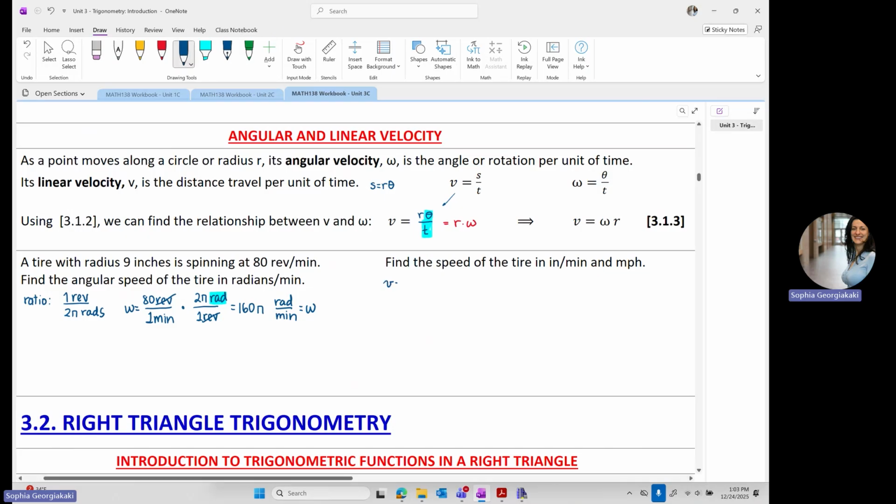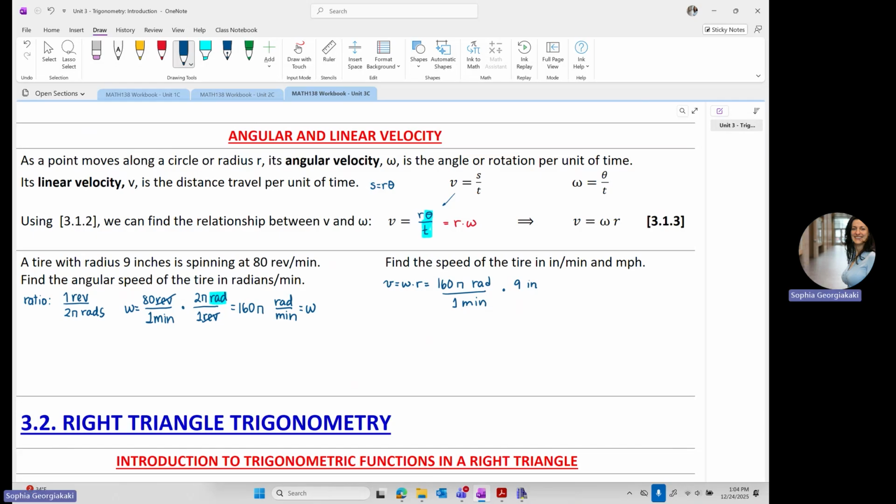So the linear speed will be omega times r. My omega is 160 pi. The units are radians in 1 minute. And times r, the r is 9 inches.